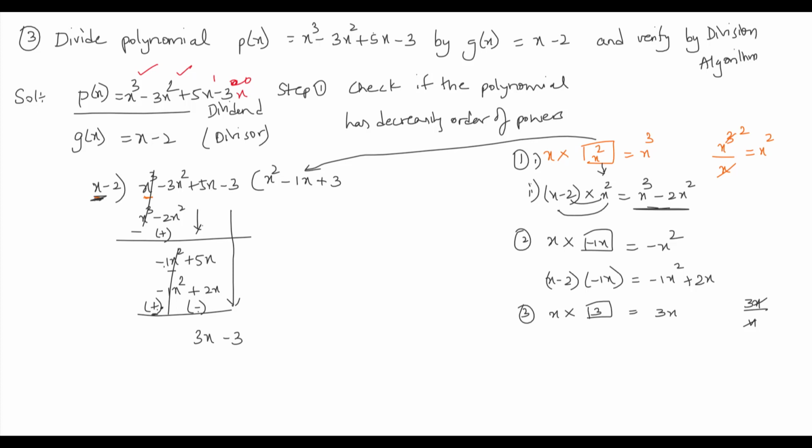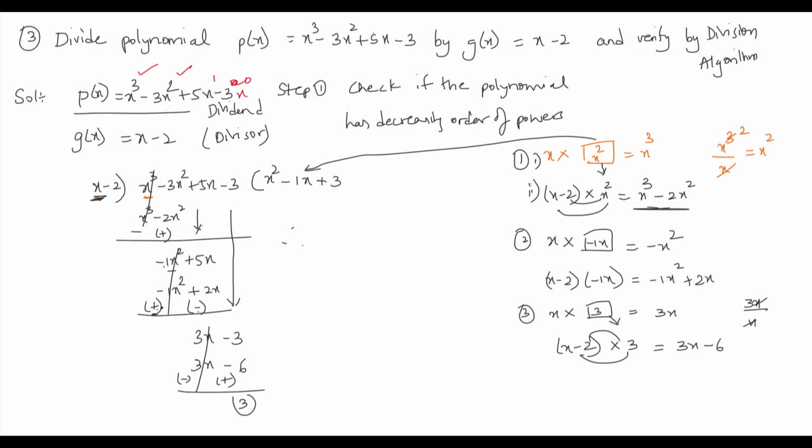Now take the divisor part and multiply it by this 3: 3x minus 6, because 3 into x is 3x and 3 into 2 is 6. Here signs get changed, minus becomes plus. 3x and 3x get cancelled. Minus 3 plus 6 is 3.